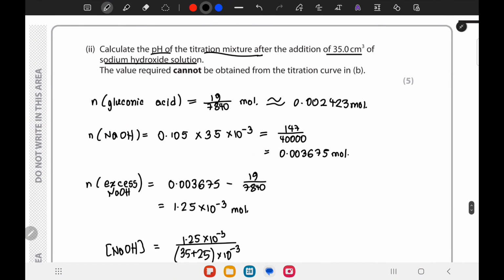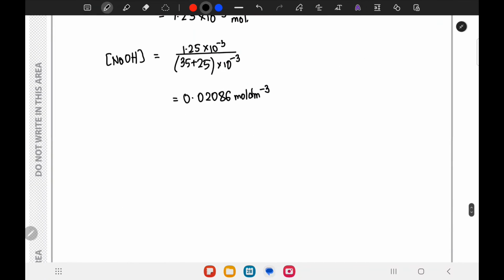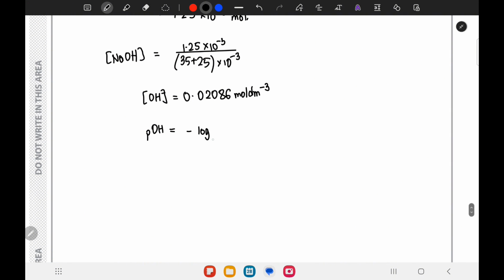I have to find the pH. So from the concentration of NaOH, this is equal to the concentration of OH⁻. From this I can find pOH, which will be minus log base 10 of 0.02086. This will be equal to 1.6807.